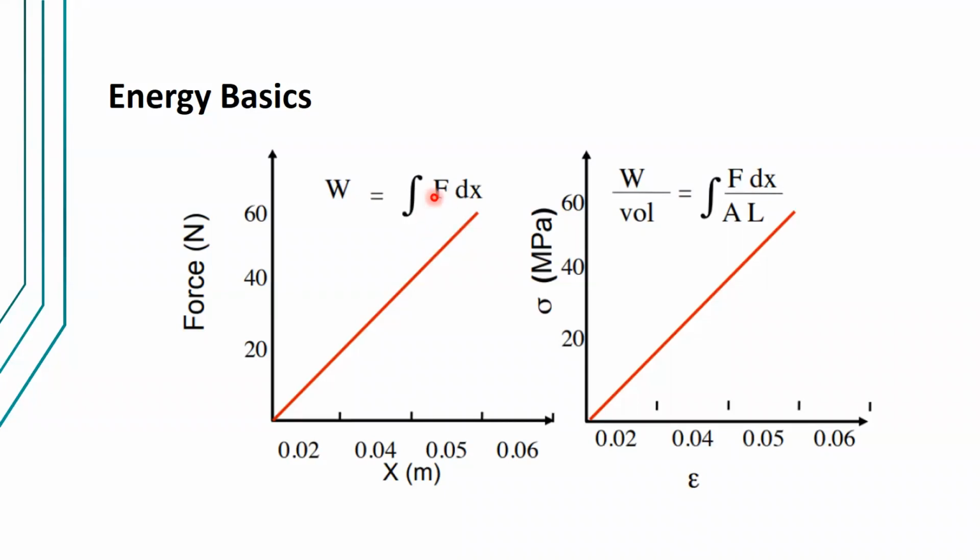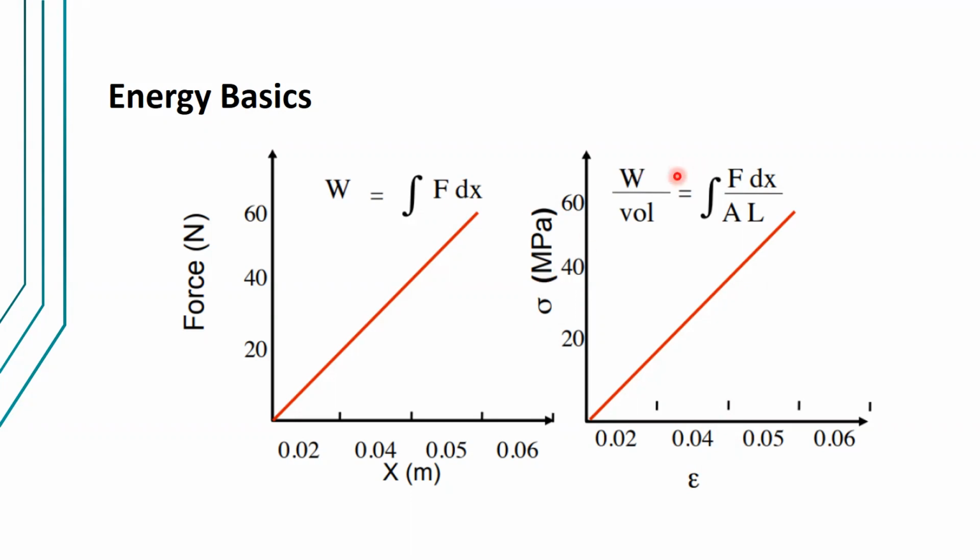If you have a stress strain plot, however, due to the nature of the units of stress and strain, strain is dimensionless and stress would have units of pascals or megapascals or pounds per square inch, for example.